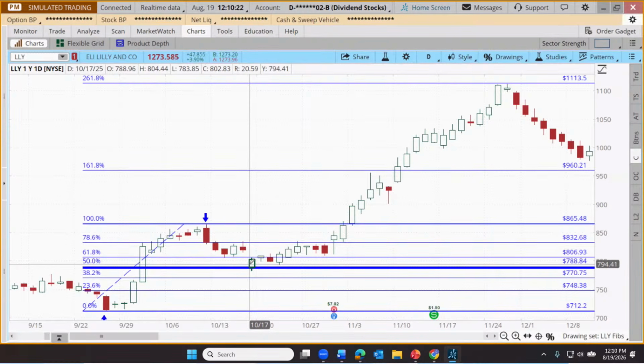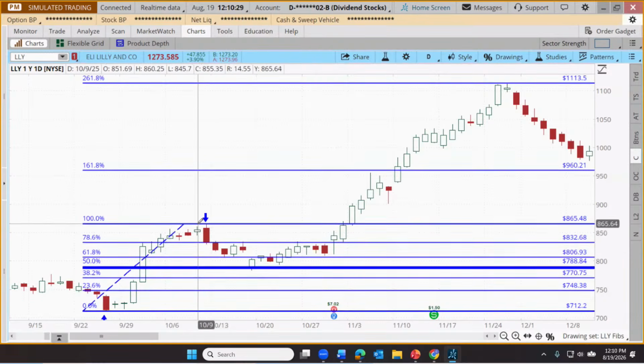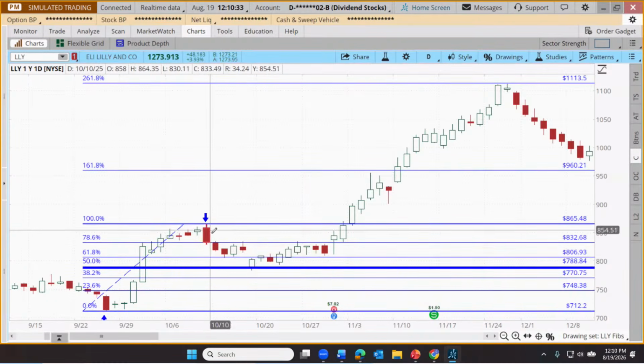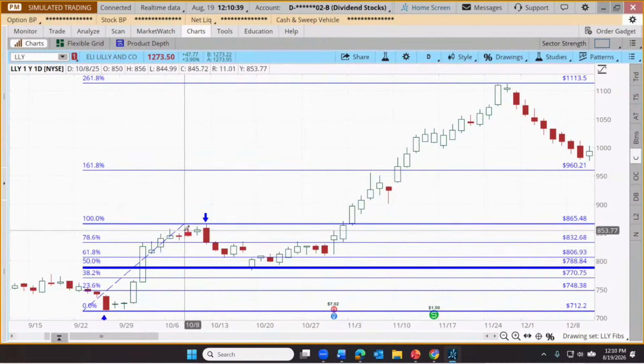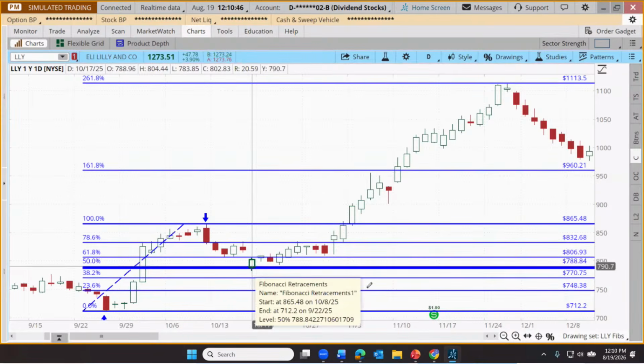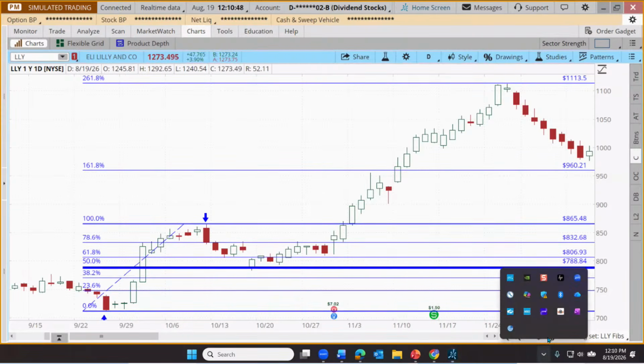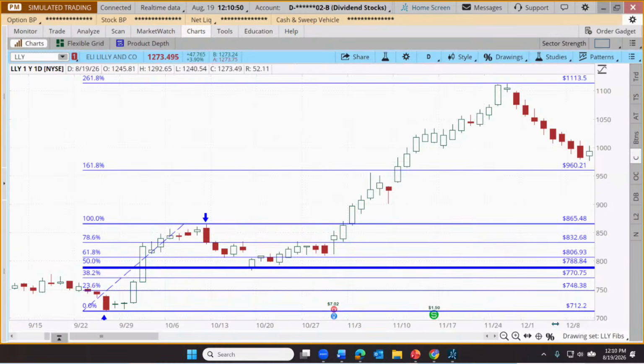Well, it can be difficult to spot those price floors and price ceilings in the middle of these dramatic moves. So this tool sort of slices up the move and then shows us potential areas where we might get a reversal. A common reversal assumption here is that when there's a strong move to the upside, the stock might give back about 1/3 to about 1/2 of that move as those presumed profits are taken.